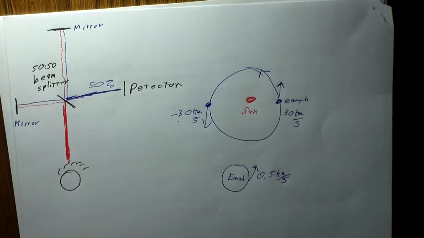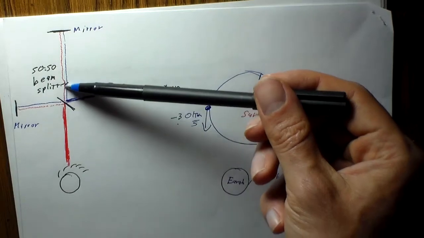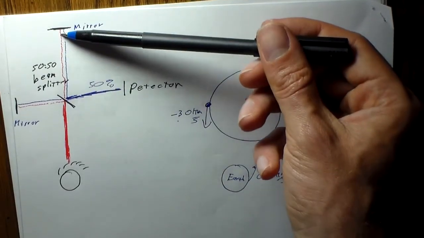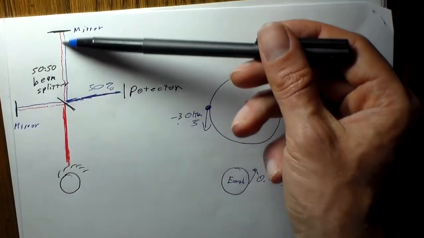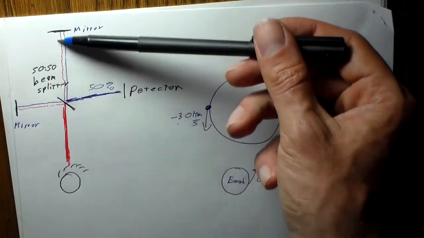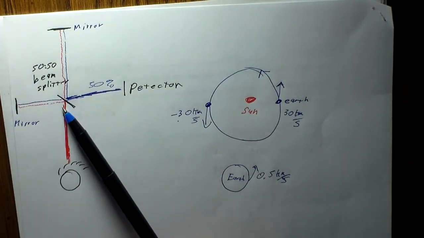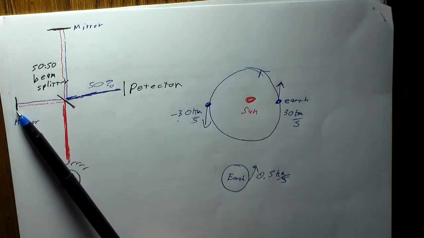So remember that light is a wave, right? So the wave would come in, and if you go up here and if the ether is coming with you, then it would take maybe a little bit longer for this journey over here, because some of it would be sped up and slowed down. Over here you would expect no effect, because you would kind of be going perpendicular to there.